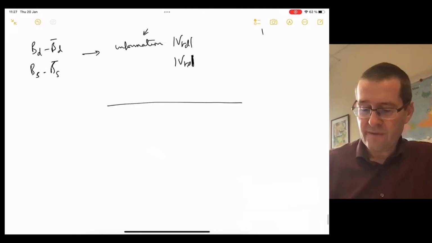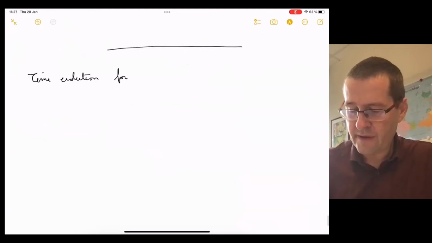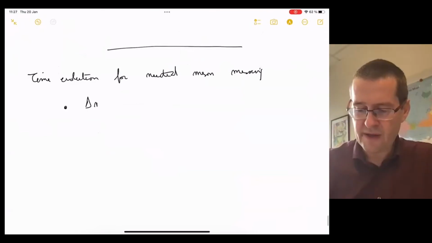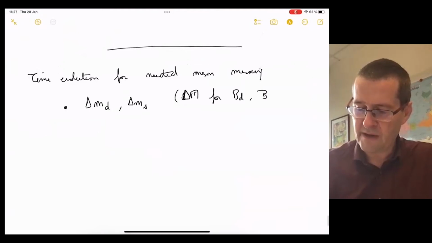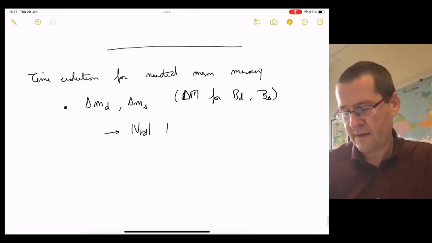Okay, so this time evolution for neutral meson mixing. So you see that through delta MD, delta MS, which correspond to delta M for BD and BS, you have information on VTD and VTS.